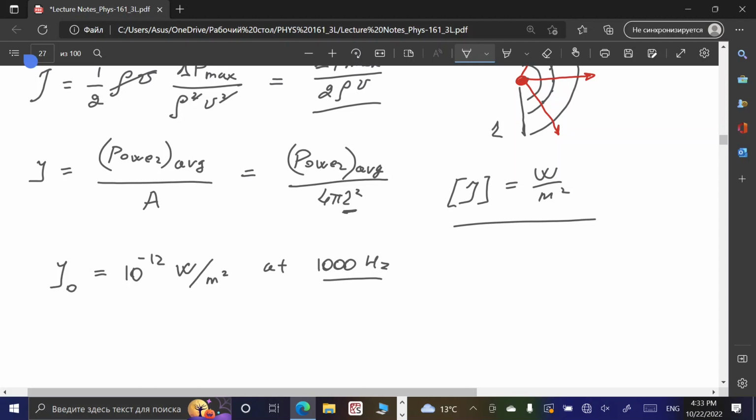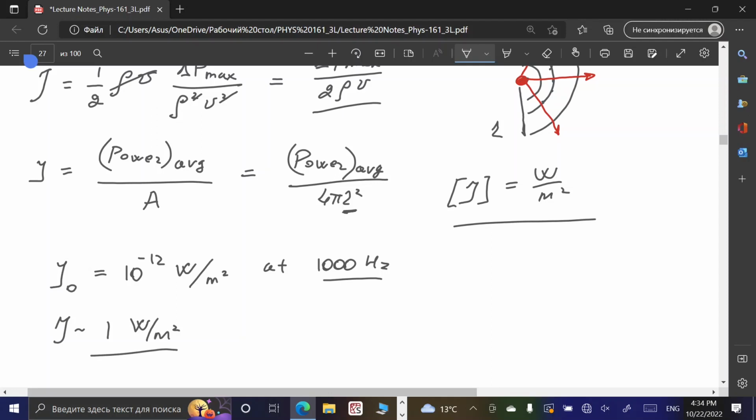We will later mention why specifically 1000 hertz, but this is the lowest intensity of sound wave which can be detected by the human ear. And obviously we can hear more intensive sounds, and an intensity of about 1 watt per meter square would already be a painful experience.